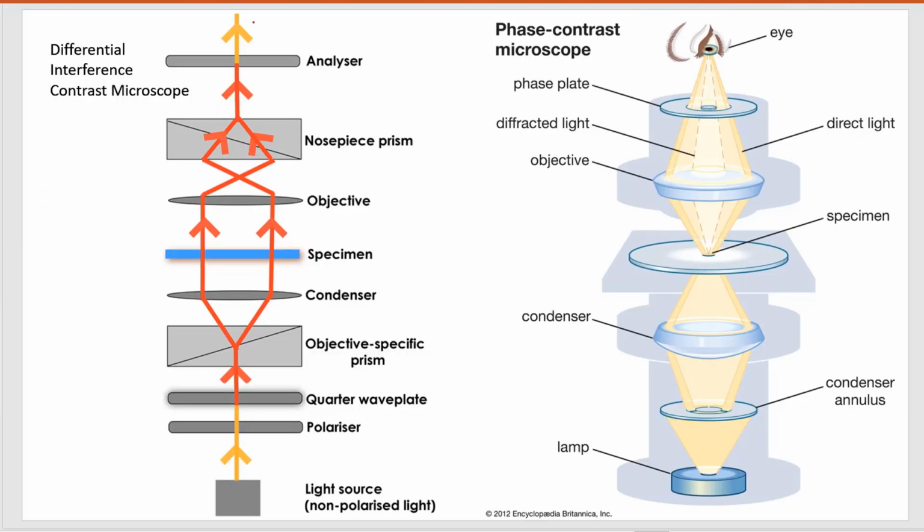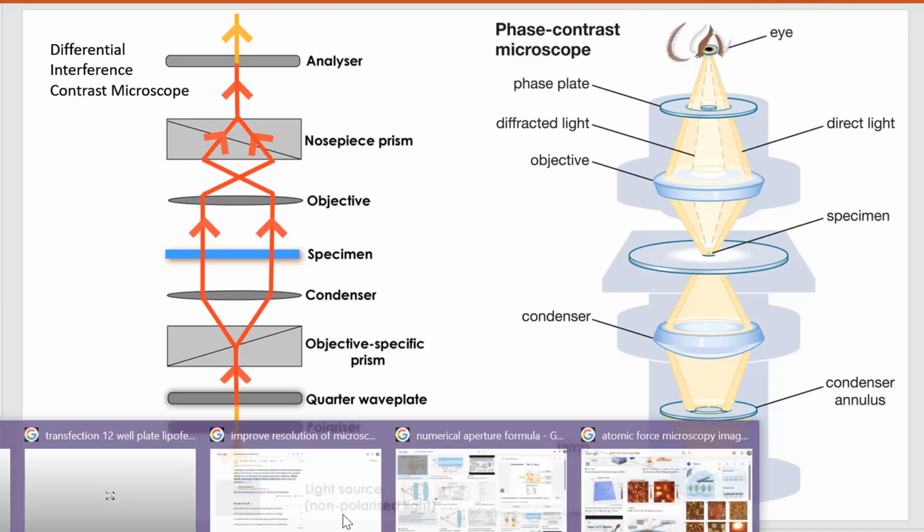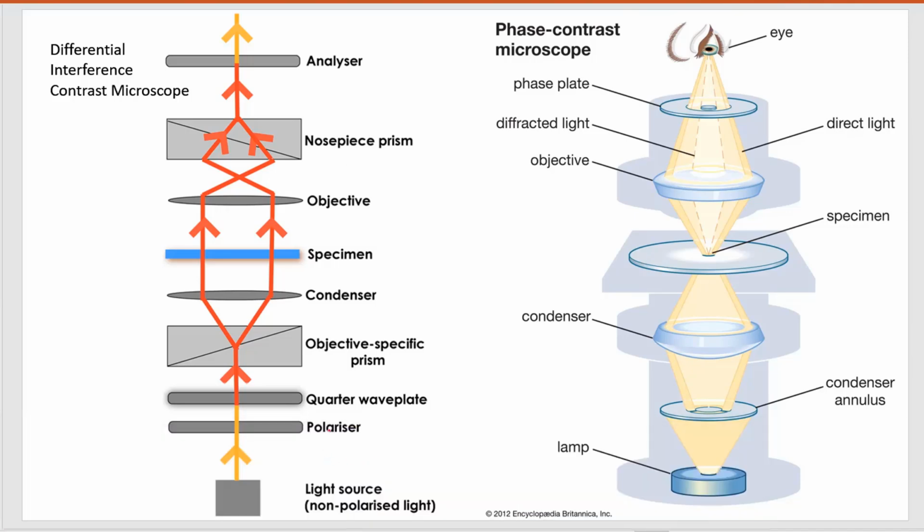If you look at differential interference contrast microscopy, here non-polarized light is converted to polarized light, and then it passes through a set of different kinds of lenses: the objective prism, condenser, then specimen, then another objective, the nose piece prism, and the analyzer.